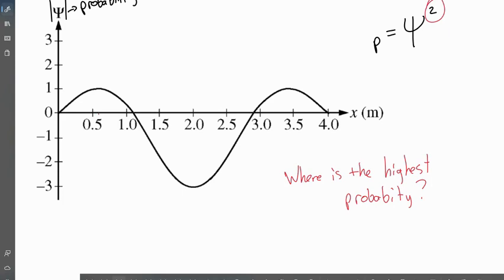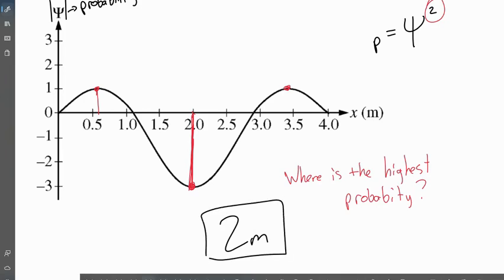Here, it's about 1 in magnitude. Same over on this side, but at 2 meters, this is -3. So the highest probability is going to be there because this gets squared, so it'll be about 9 compared to being about 1. So the highest probability in this case would be about 2 meters, and that's the answer you'd give.